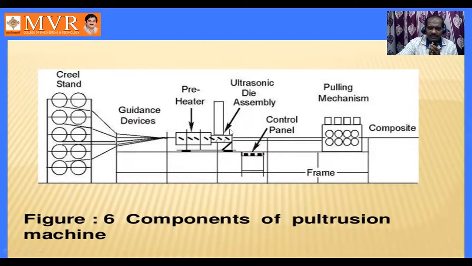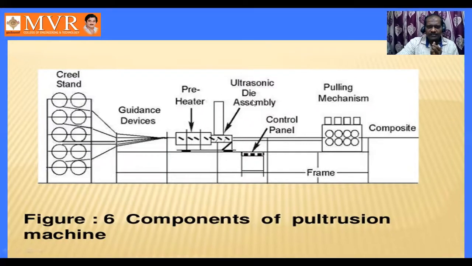Then an ultrasonic die assembly is present, and then we have a control panel. After the preheating process, the fiber is dipped in a bath. That bath contains resin, color, and a matrix type of metal. This is a fiber.